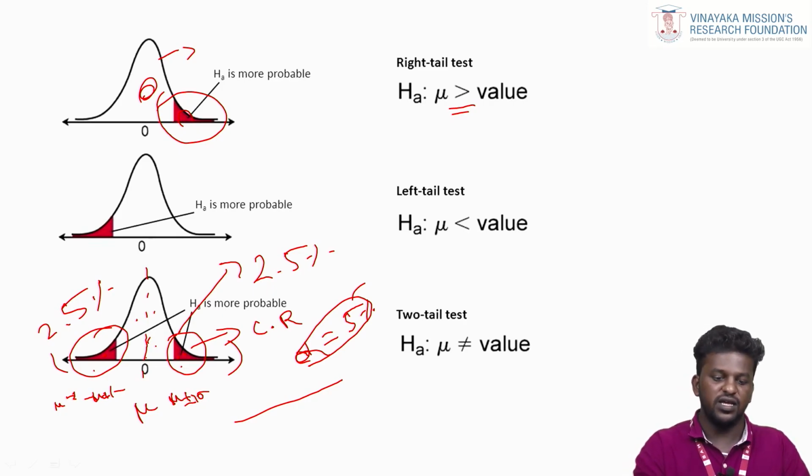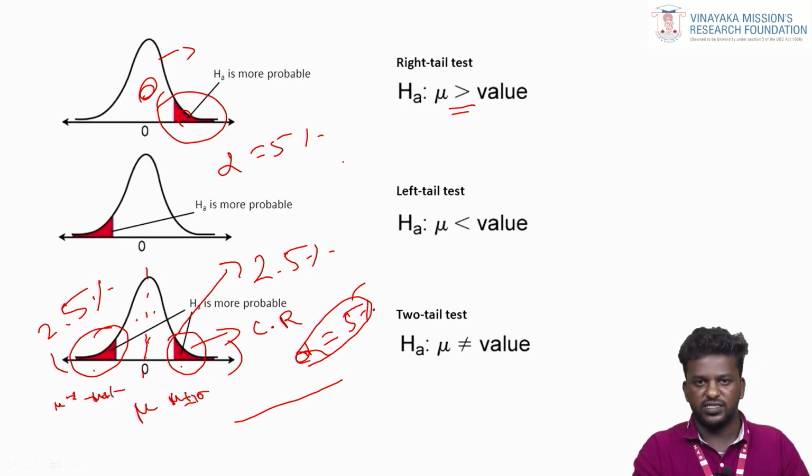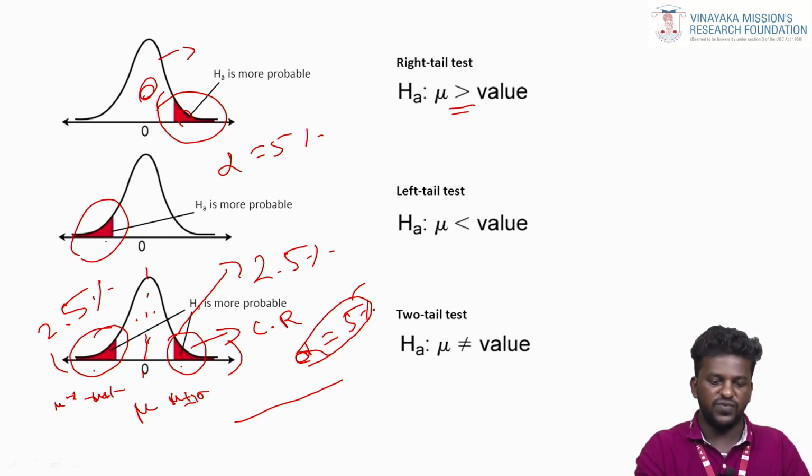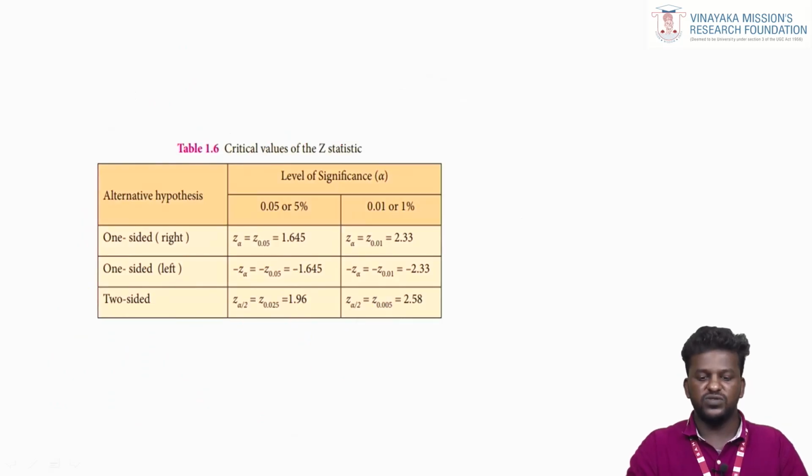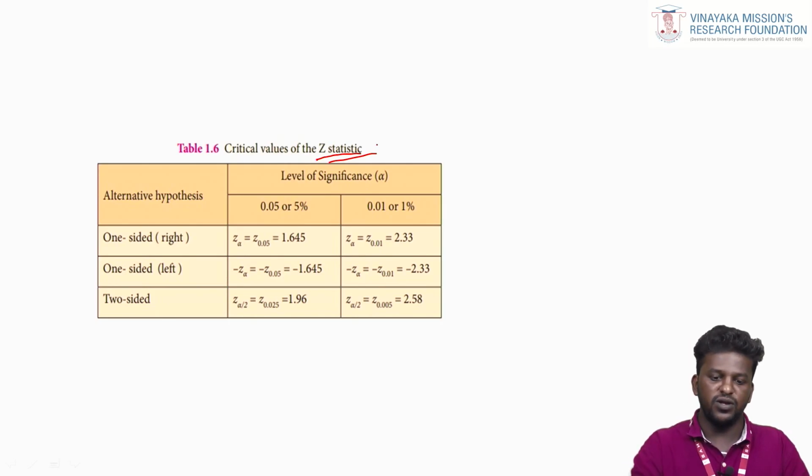For one tail test, our significance level, that means 5%, is placed on any one side. For a right tail test, it is placed on the right side of the curve. For left tail test, it is placed on the left side of the curve, right? Critical values of test statistics. For example, Z statistic means that our test data set, or our observed values, follow normal distribution.